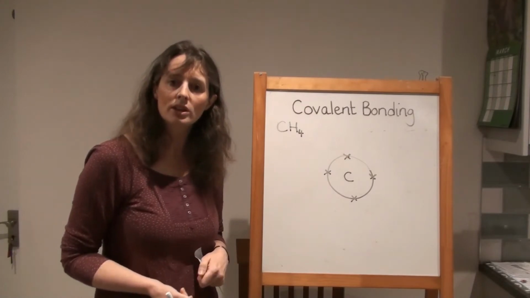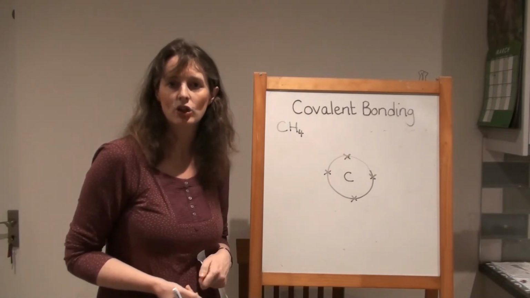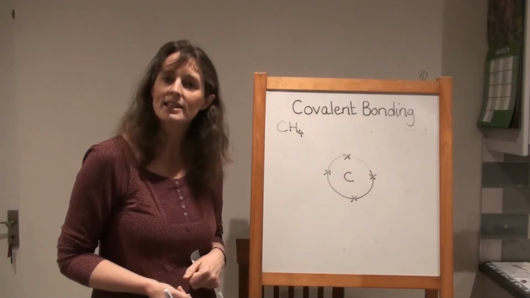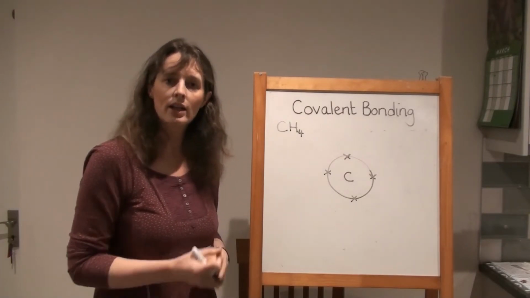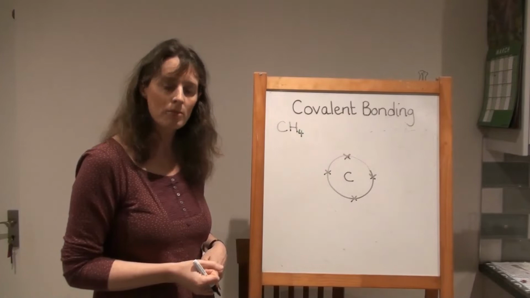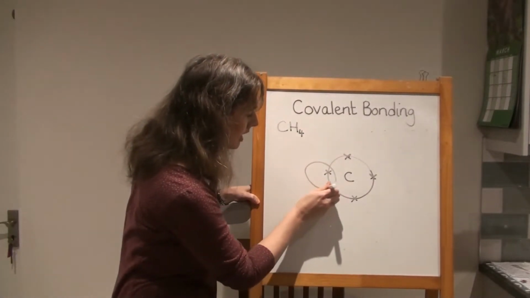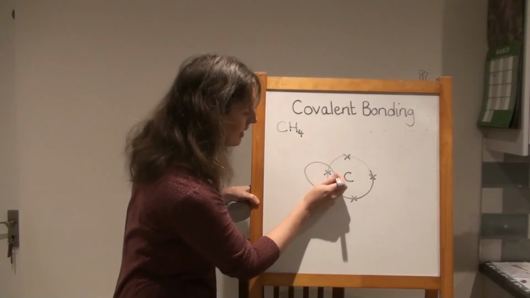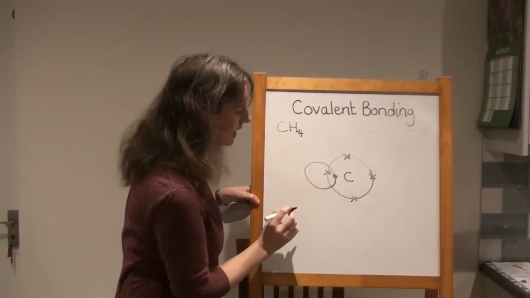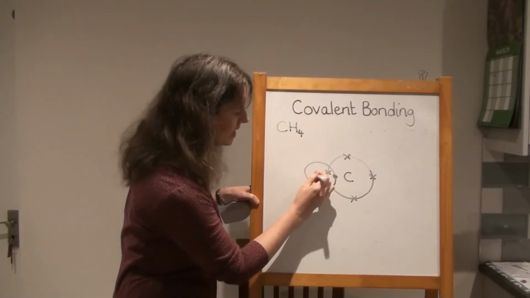So in order to get that second electron, it has to share its only electron in order to get one back from carbon. So carbon therefore has to share 1 electron with each hydrogen.